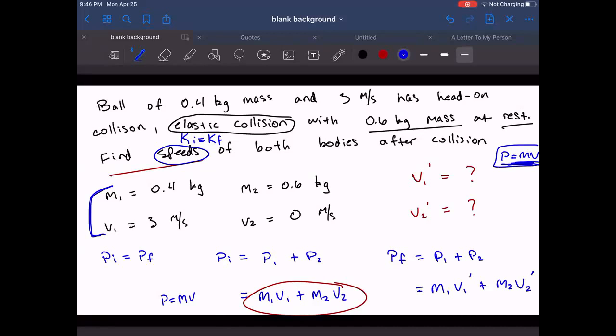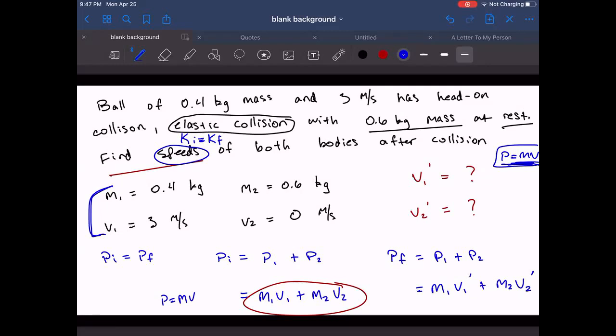Final velocity of the first object. Okay. Because we have a collision, there has to be an initial velocity and a final velocity for both objects. That's why we can't just write VI, VF, because I don't know which VI that's referring to. Is it referring to the first object or the second object?